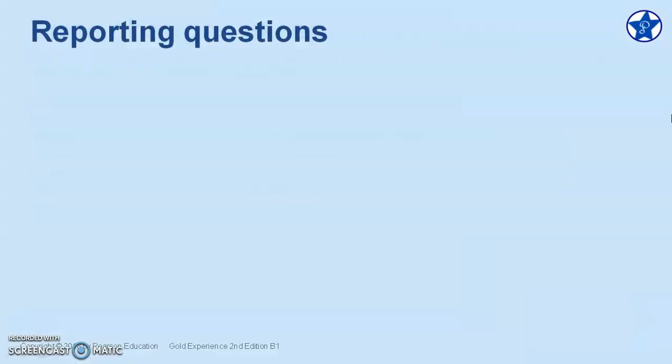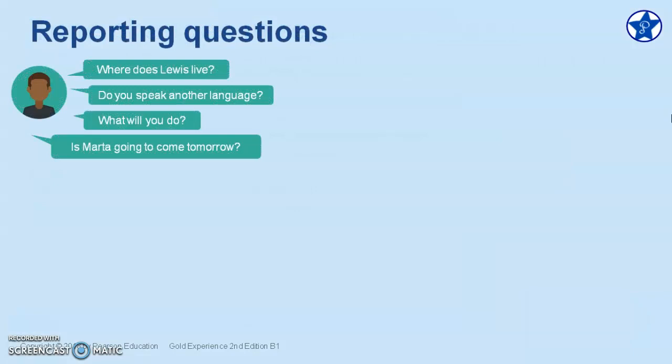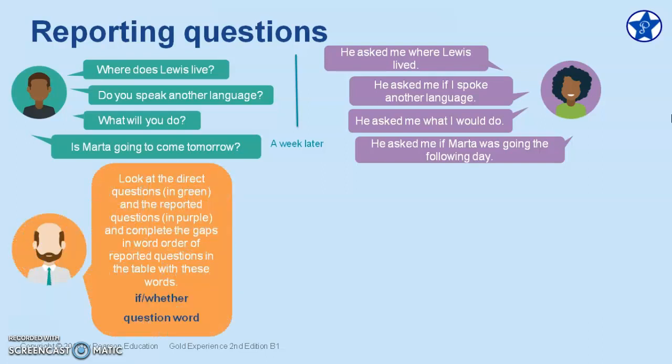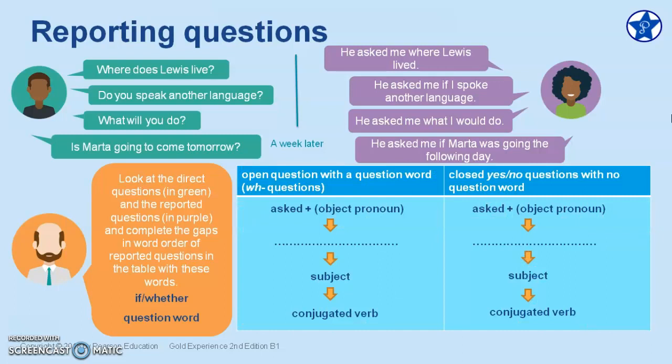Now it's time to look at reporting questions. Look at the direct questions in green and the reported questions in purple, and complete the gaps in word order of reported questions in the table with these words: if, whether, question words.